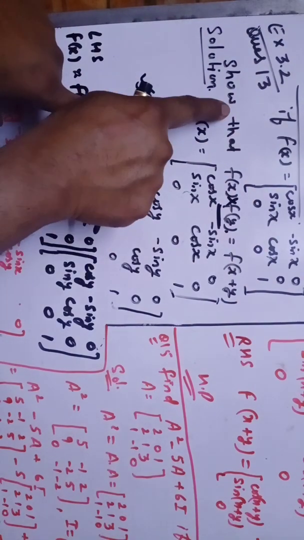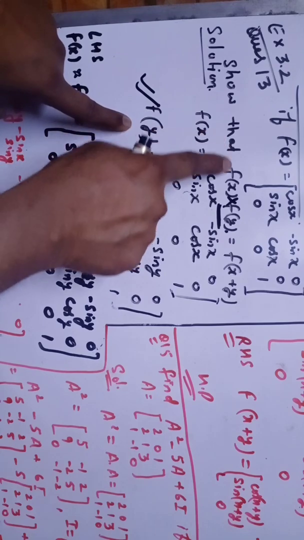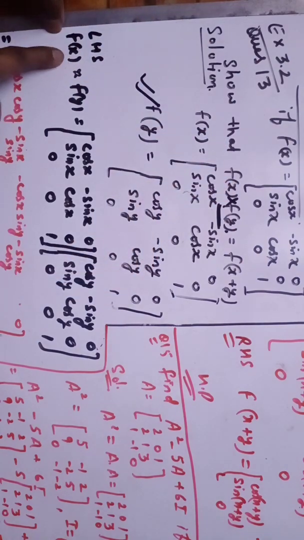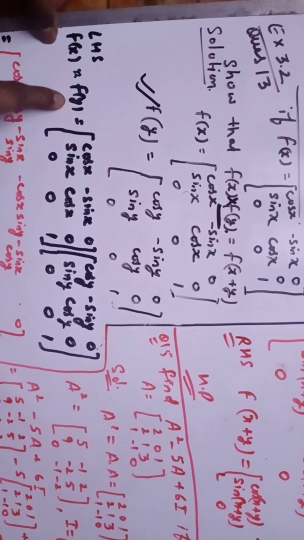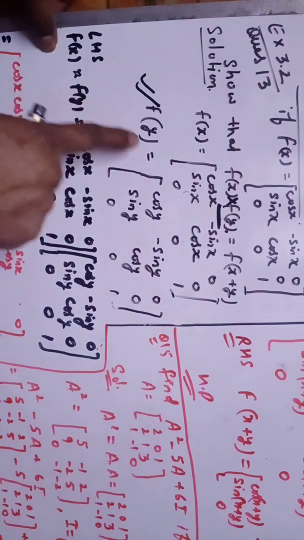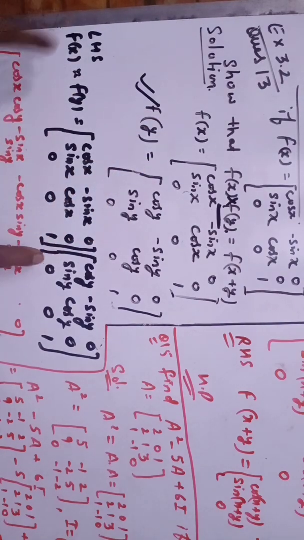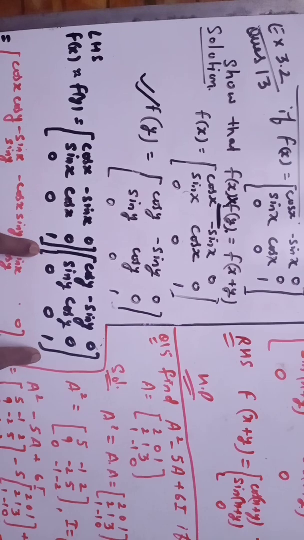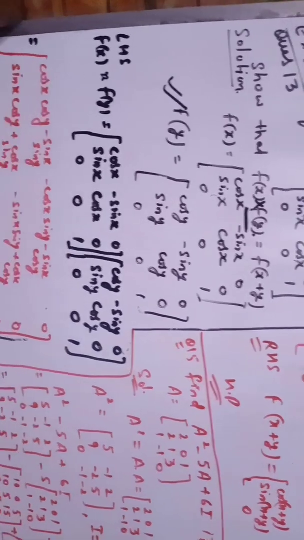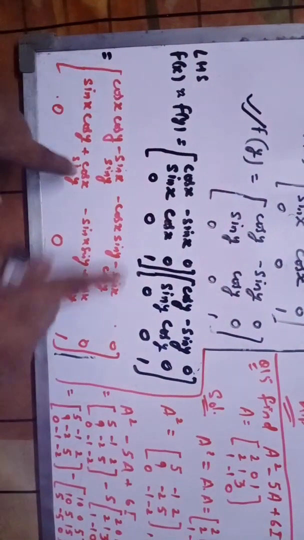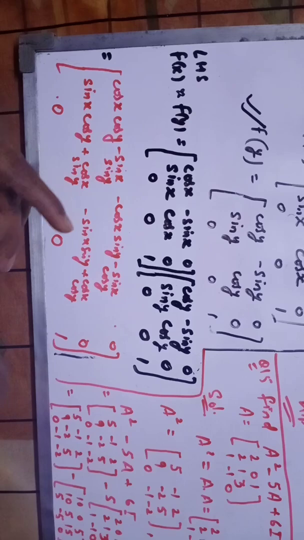From here we can see that on the left hand side you have to find F(x) into F(y). So F(x) is here, F(y) is here. You have to just write the matrix and multiply. This is your F(x), this is your F(y). After that you have to find the product.